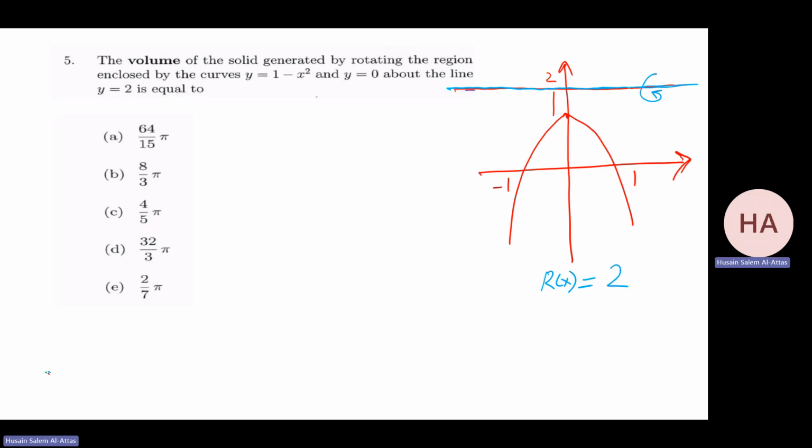This is my upper radius, 2 minus 0. And now I want this. So this one is this upper one minus this one.